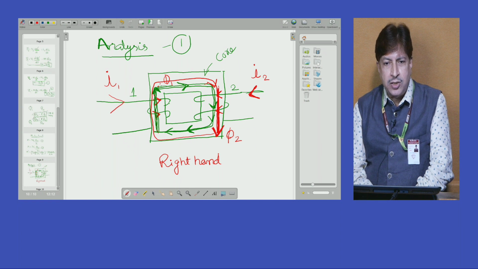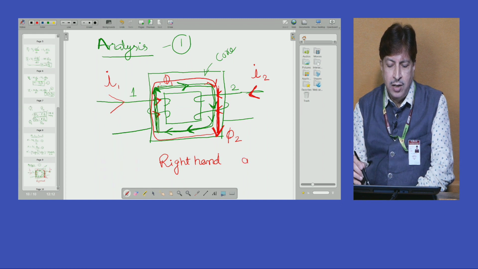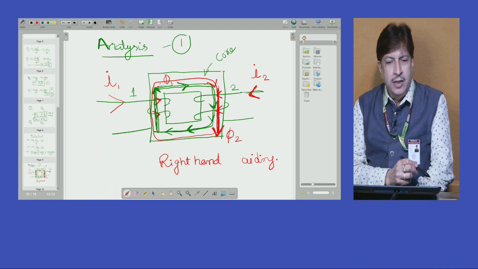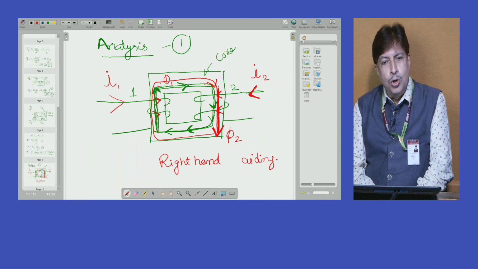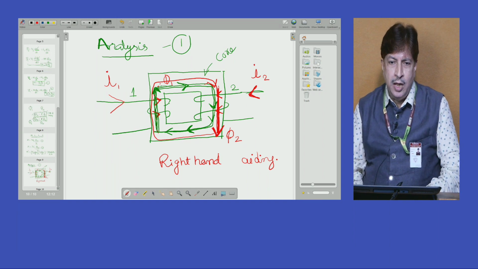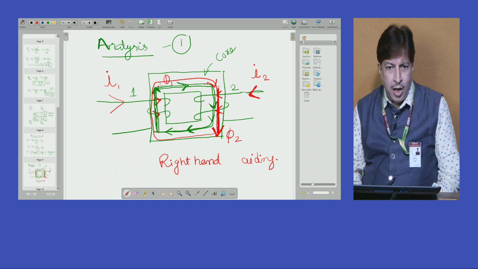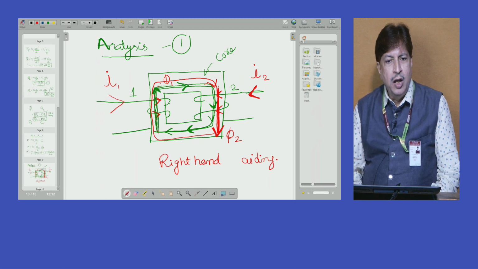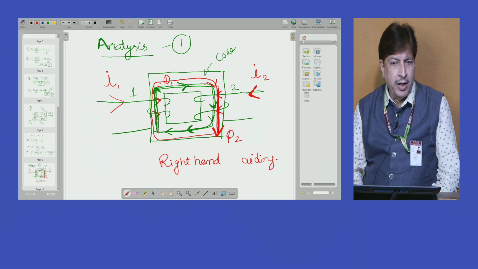Both the fluxes are in the same direction, or both the fluxes are aiding each other or helping each other. That means there could be a situation in coupled circuits in which the fluxes in both the coils are aiding each other, or in the same direction.